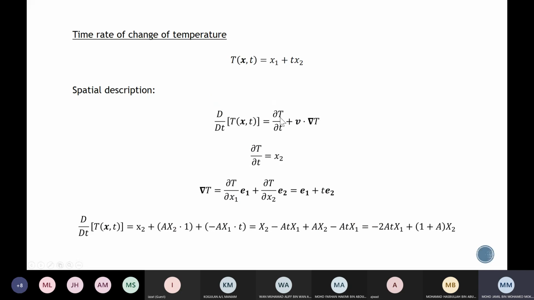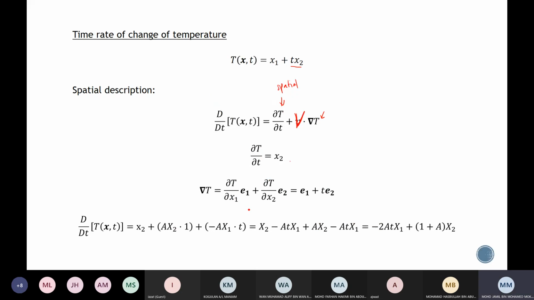So you differentiate del T big T over del t. So this is in spatial. So del T with respect to time, differentiate temperature with respect to time. You get X2. Okay. So this is big V. Mistake here.